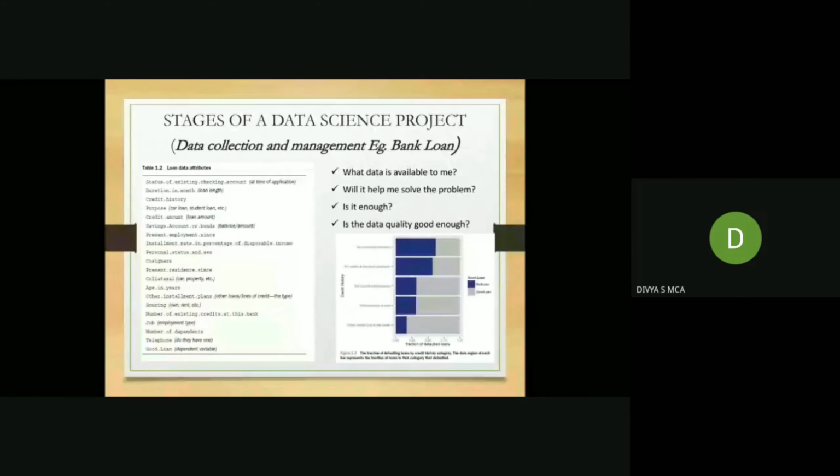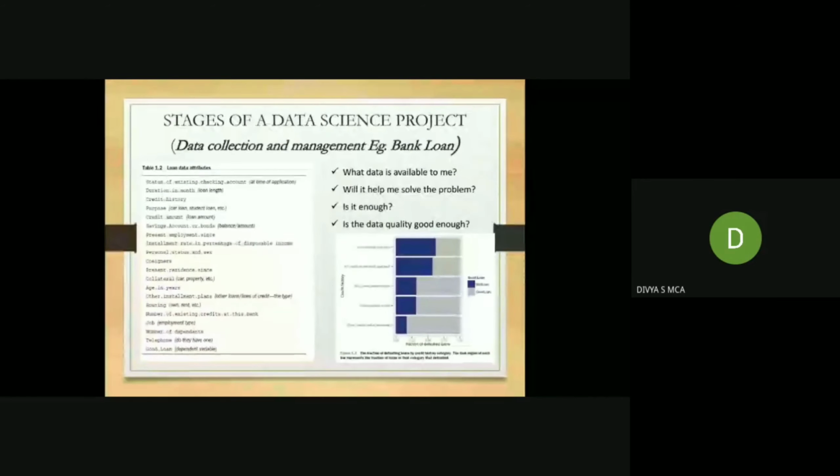Is this type of attribute enough to process a loan application? I have to ask what data is available to me. That means they already have some attributes. So this attribute is enough to sanction the application. Will it help me solve the problem?